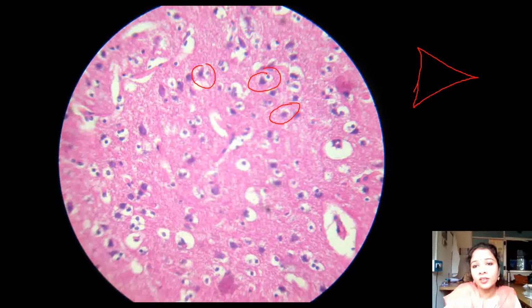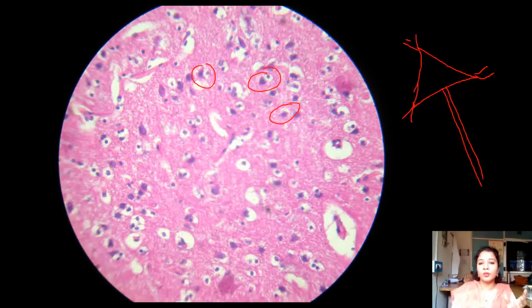The apex of the pyramid is towards the outer surface of the cortex, and the base of the pyramid is towards the core, that is the medulla or white matter. The axon arises from the base of the pyramid, and we can see dendrites arising from each angle of the pyramid. So this is how the pyramidal cells are present in the cortex.